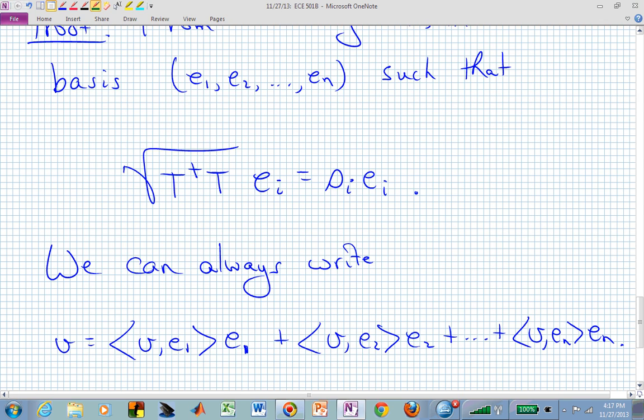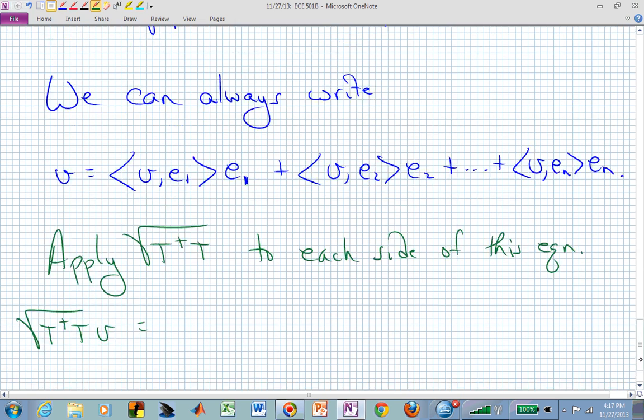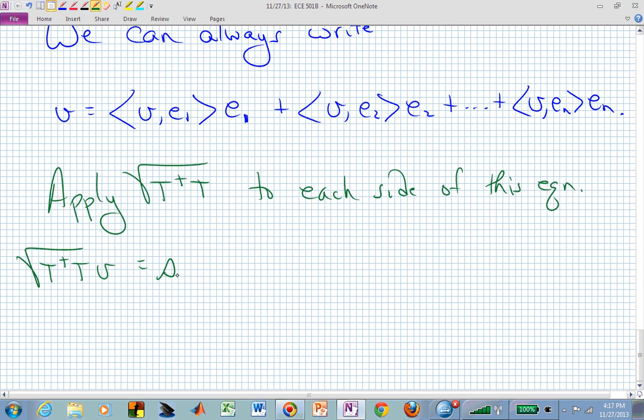So when e1 is hit by this square root of T dagger T, this <v, e1> is a scalar that can be slid around, and when we hit e1 with the square root of T dagger T, that's really just s1 e1. Is that okay? Meaning now we can rewrite the right-hand side as s1 <v, e1> e1 plus s2 <v, e2> e2 all the way down to sn <v, en> en.